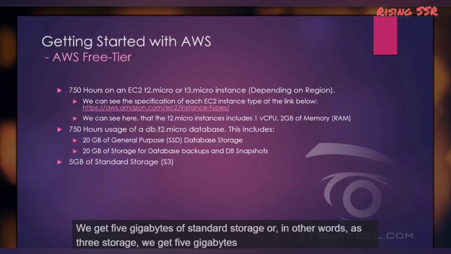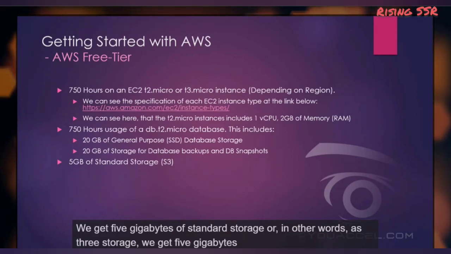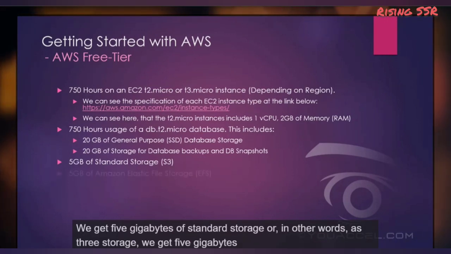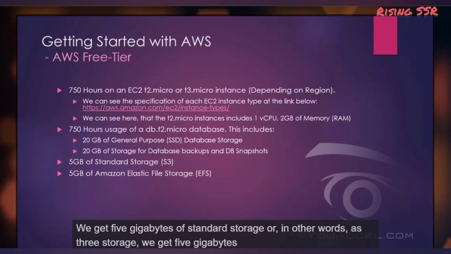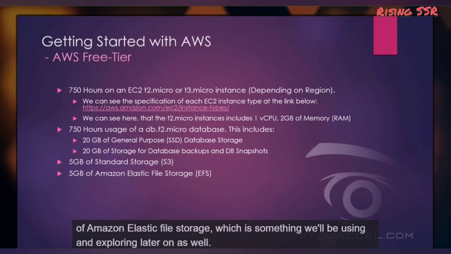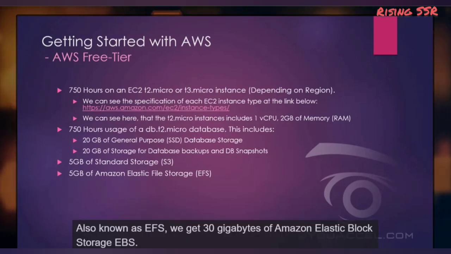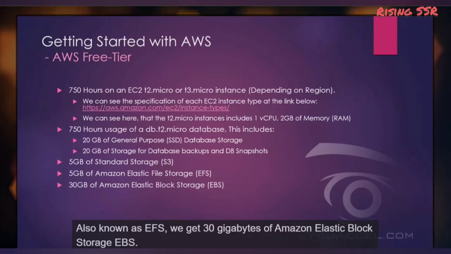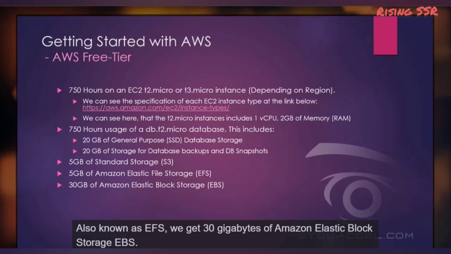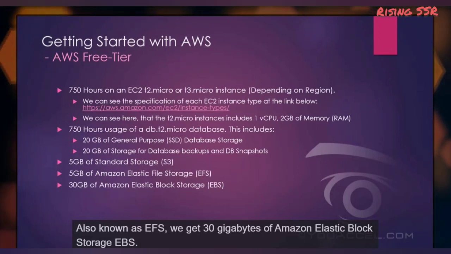We get 5 GB of standard storage, or in other words, S3 storage. We get 5 GB of Amazon Elastic file storage, which is something we'll be using and exploring later on as well, also known as EFS. We get 30 GB of Amazon Elastic block storage, EBS.